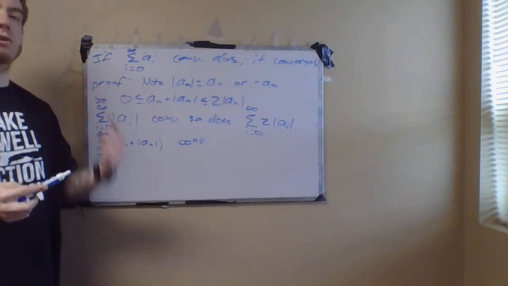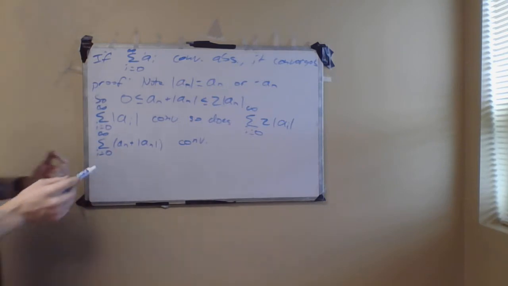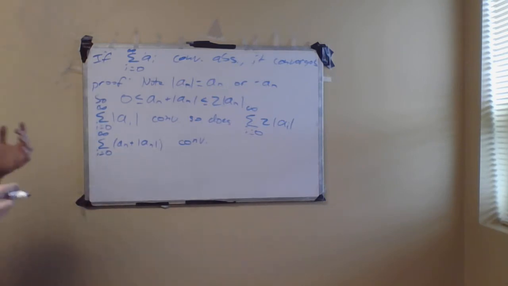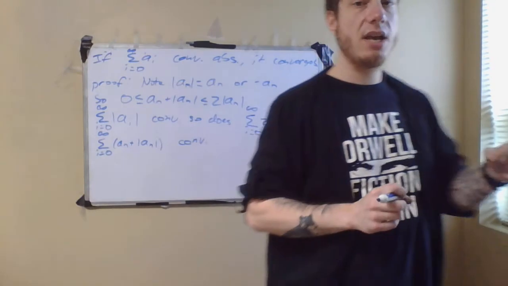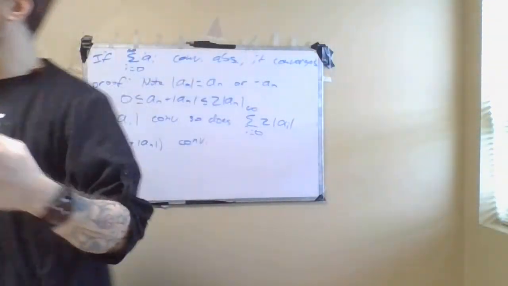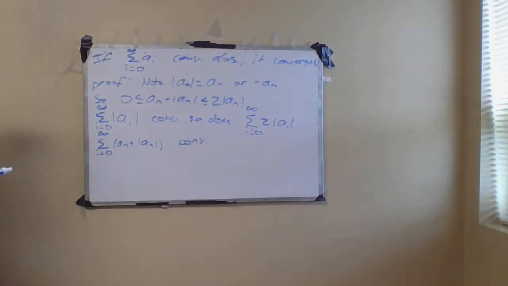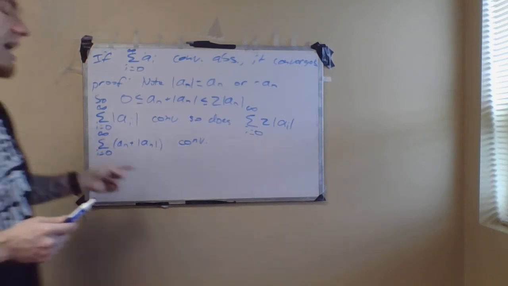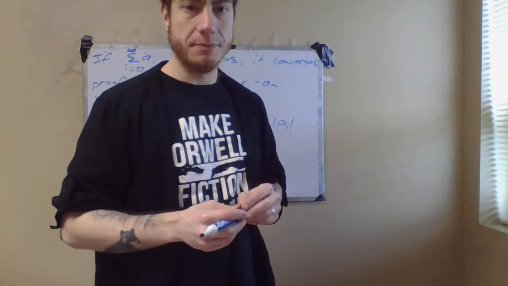It's kind of like the squeeze theorem, but for series, because essentially what we're saying is this series with the smaller terms is going to form partial sums that will be a bounded increasing sequence, and therefore this converges.